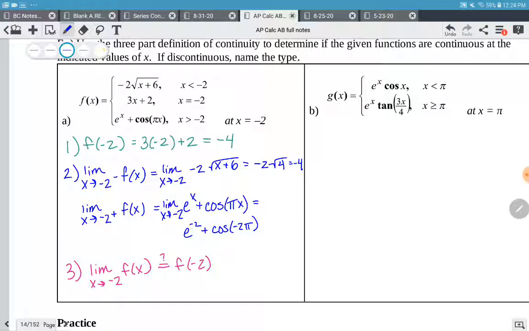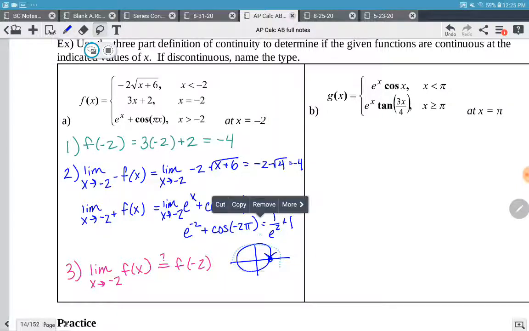Okay, e to the -2 is 1 over e squared, which is going to be some crazy decimal. And then cosine of -2 pi, so unit circle, positive angles I go this way, negative angles I go this way, but -2 pi is the same thing. I'm going to end up right here. The x value there for cosine is 1, so I get 1 over e squared plus 1.